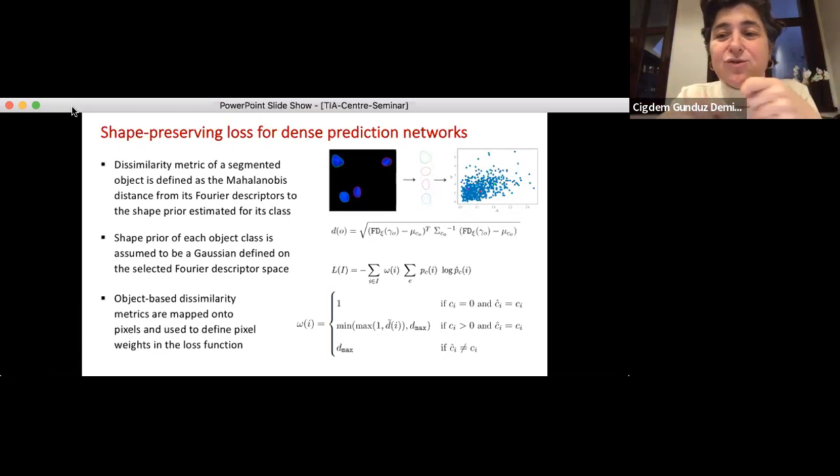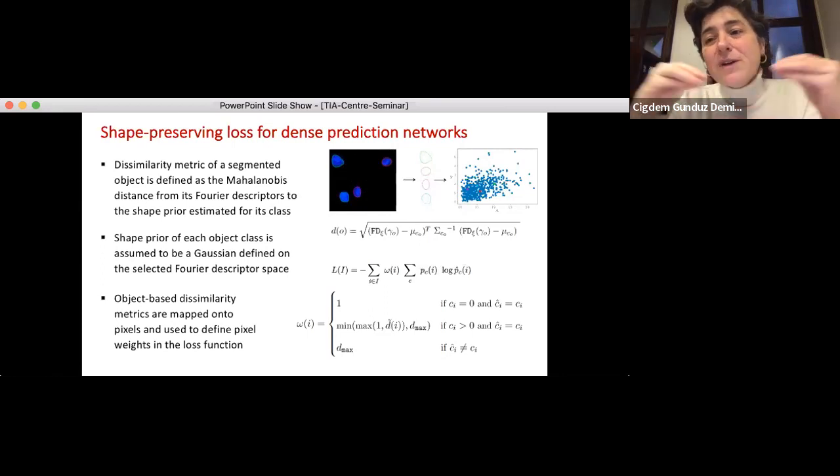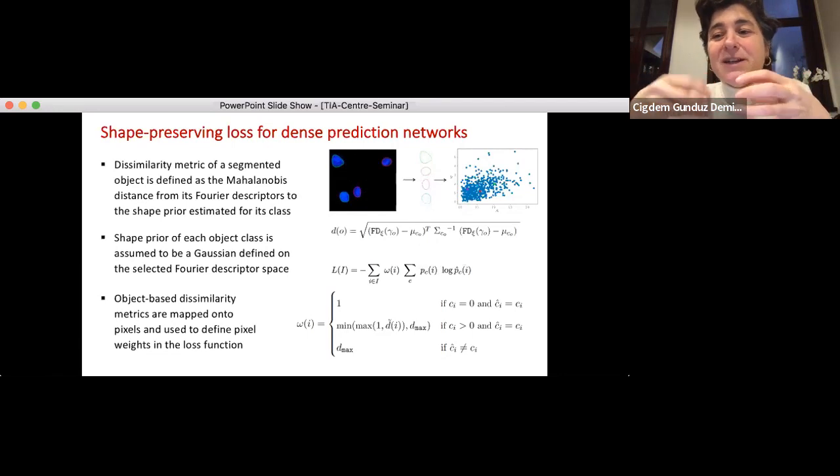So you're not trying to match the segmented regions with the corresponding ground truths, but you're calculating the Fourier descriptors of the segmented object, and then you're calculating this dissimilarity metric. So for example, suppose that is the gold standard, and suppose that somehow you found an object here or an object here. So you calculated the Fourier descriptor of that object, and then you calculate the similarity to a ground truth object.